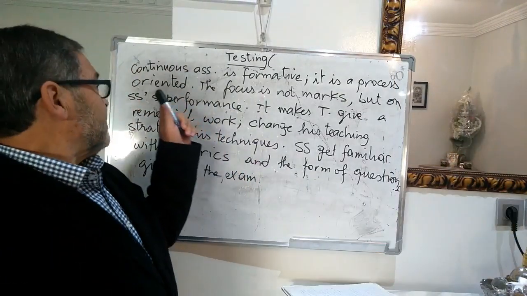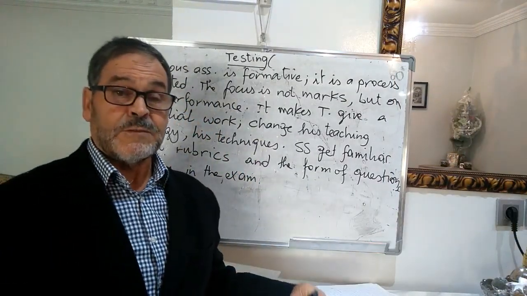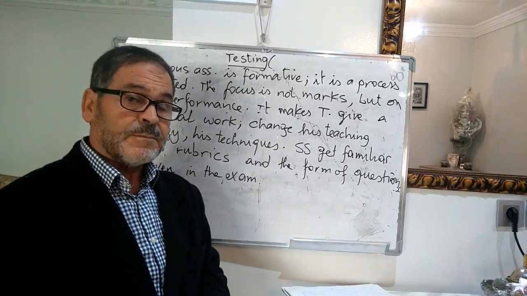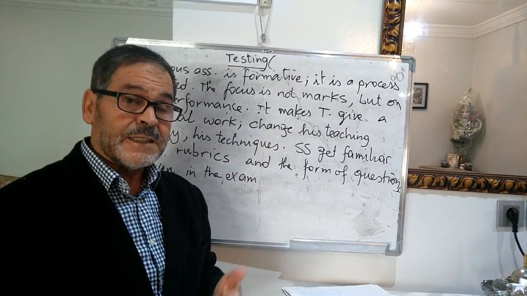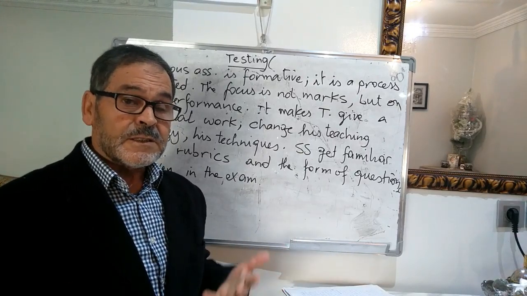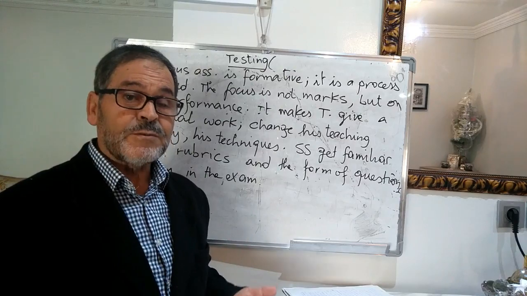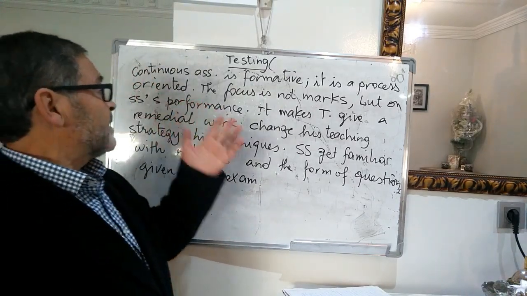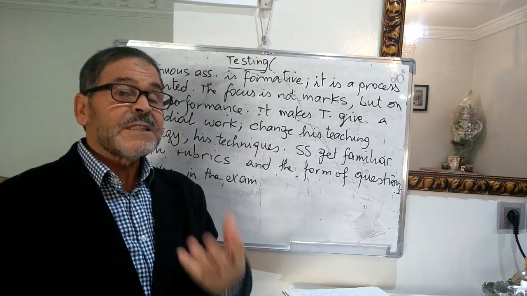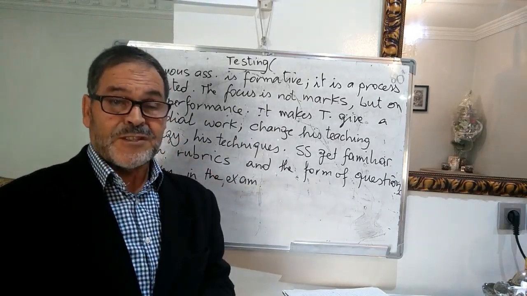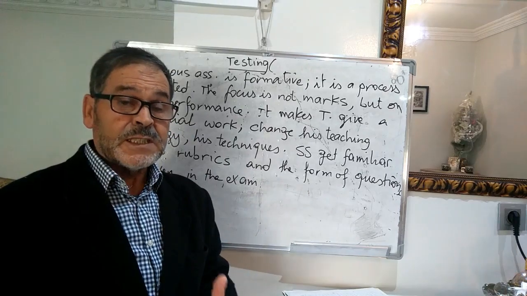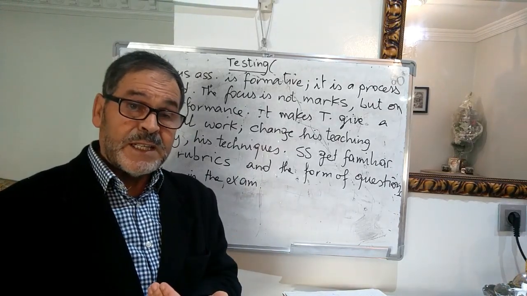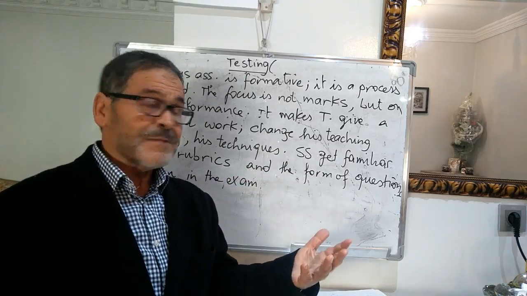So as you see here, we are going to focus on continuous assessment or progressive assessment, because it contributes to the development of students' learning. As you see here, continuous assessment is formative. Formative means it forms, it shapes students' knowledge. It gives more ideas about teaching strategies used by the teacher and students' learning.